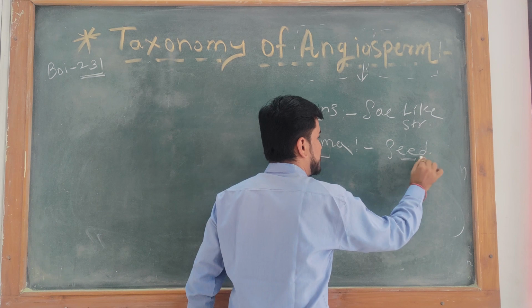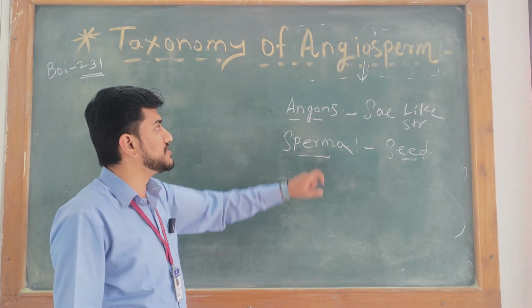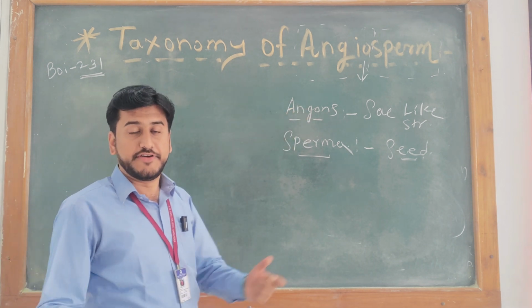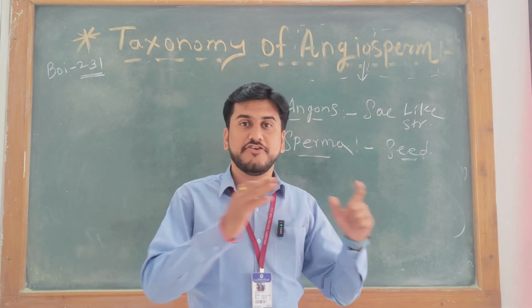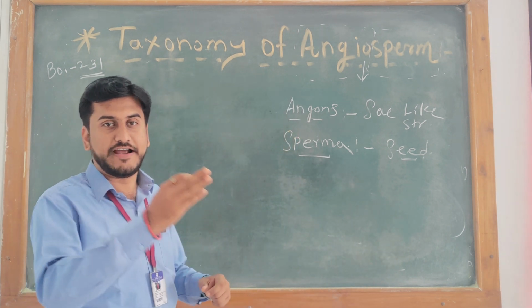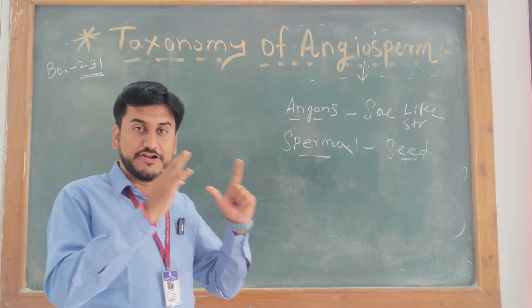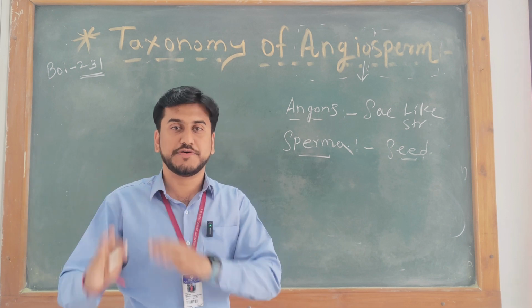So angiosperms belong to the phanerogams according to Bentham and Hooker in the plant classification system. You very well know plant classification is divided into two groups, cryptogams and phanerogams. Cryptogams are thallophyte, bryophyte and pteridophyte, algae and fungi. Phanerogams are divided into gymnosperma and angiosperm.